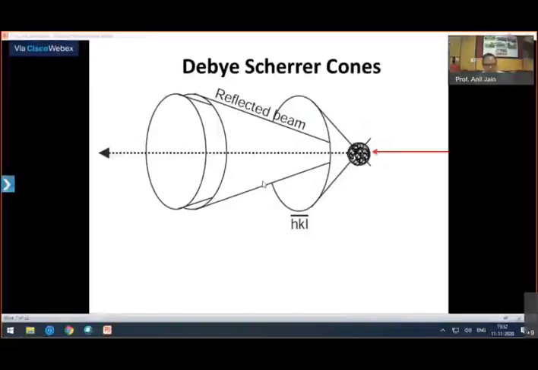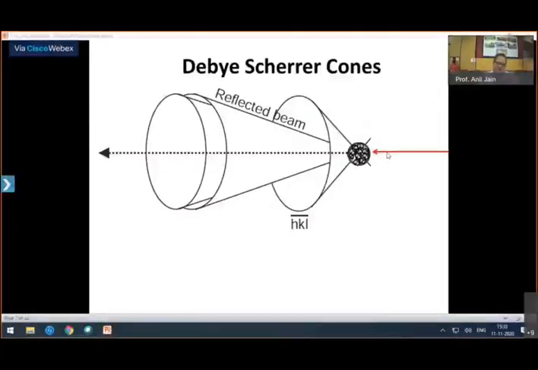Now, as I was telling you, in a typical experiment, this is the incident beam, and in the powder sample you have crystallites which are randomly oriented, as you have a monochromatic beam of, let's say, neutron or X-ray.